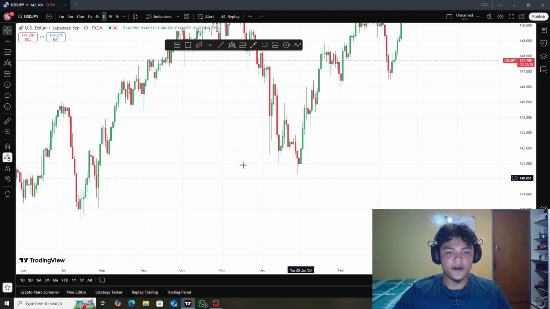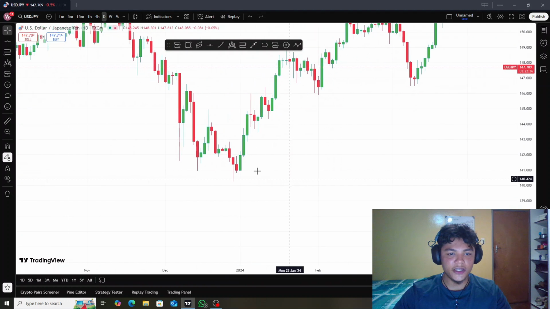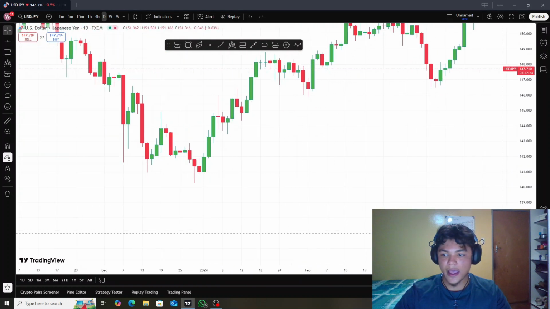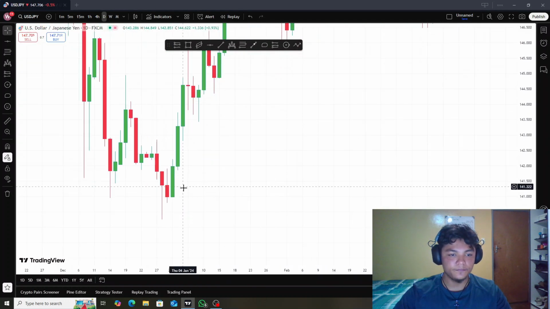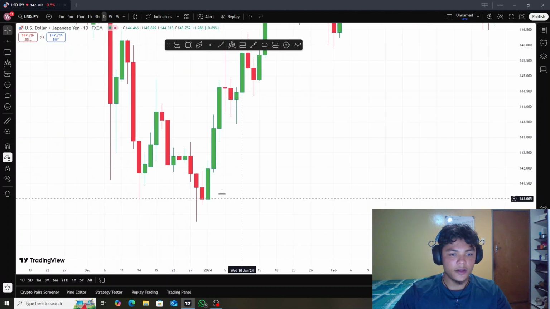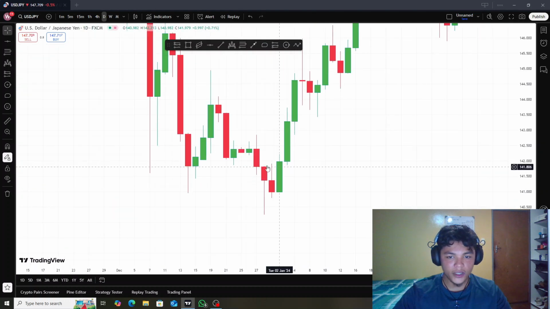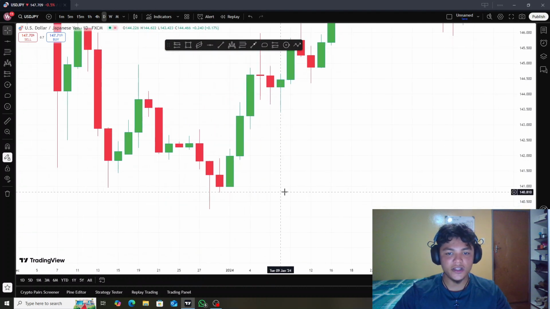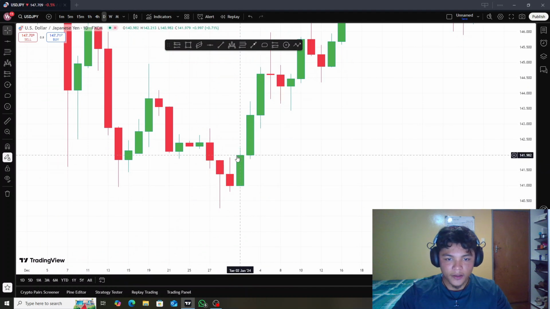So here we have a bullish engulfing candlestick pattern and an evening star. As you can see, this is a small body, long wick. And this is a big, juicy green candlestick. This whole body takes up two of these red bodies.